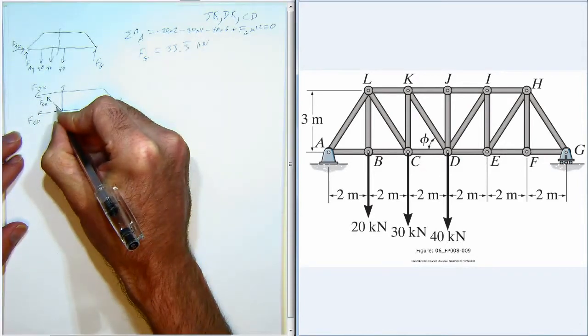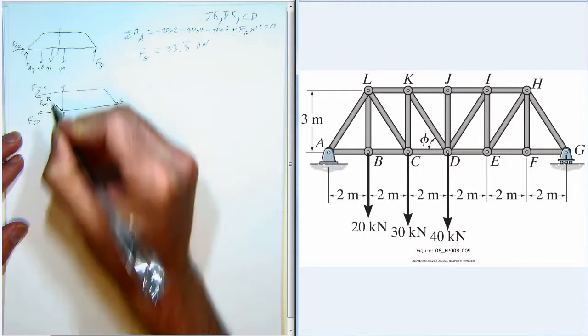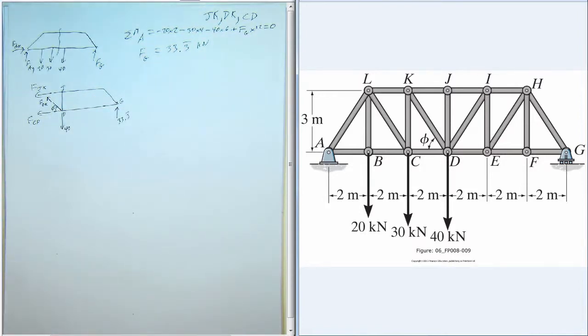We need to figure out this angle phi here. It's shown more clearly in the figure on the right, this angle phi, so that we can get the x and y components of force in member DK. And yeah, so here's the free body diagram. We just need to figure out phi because that's not known yet.